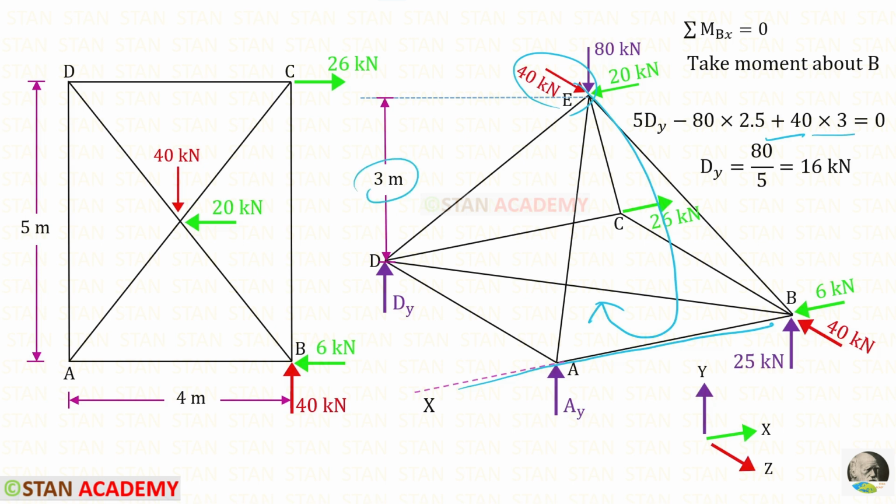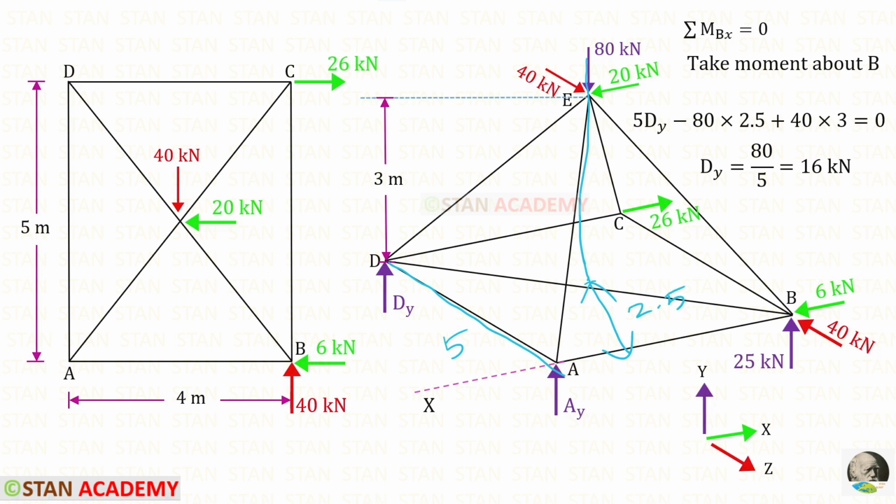So 40 into 3. This load 80 kilonewton is acting in the anti-clockwise direction, so it will be negative. It is acting in the center. From the center, we need this distance. Totally, it is 5, so 5 by 2, it will be 2.5. For Dy, we will get 16 kilonewton.